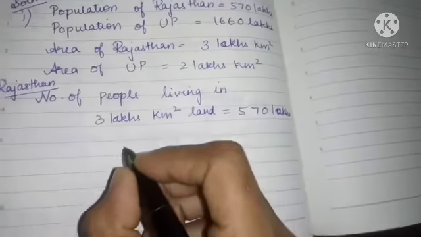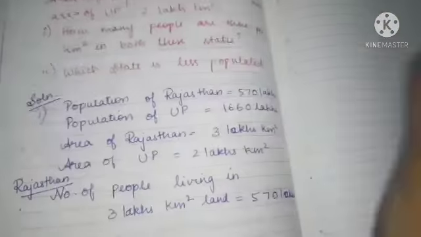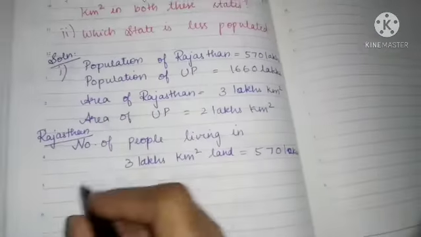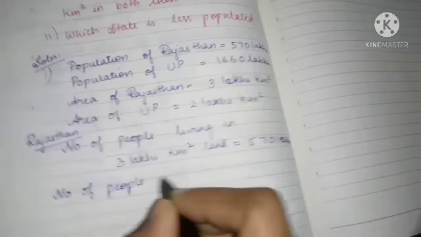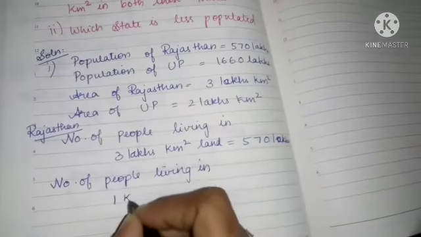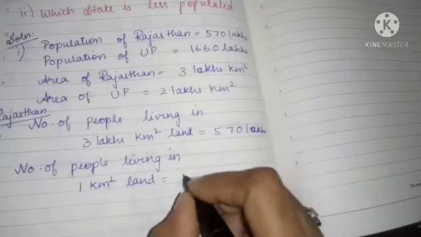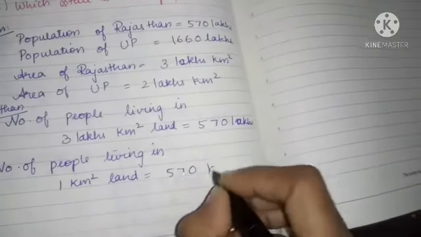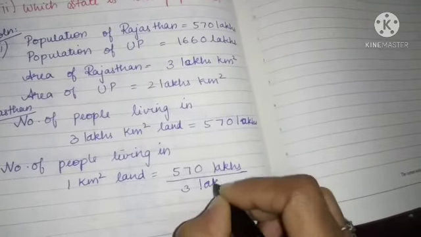I want it for 1 kilometer square land, because they asked how many people are there per kilometer square. So number of people living in 1 kilometer square land is equal to 570 lakhs divided by 3 lakhs.